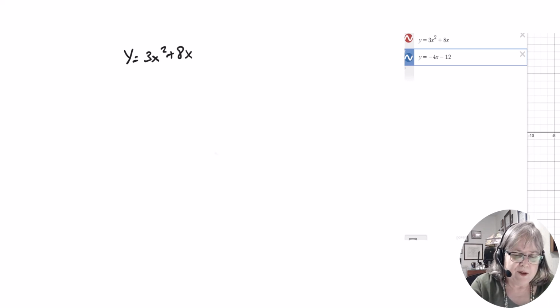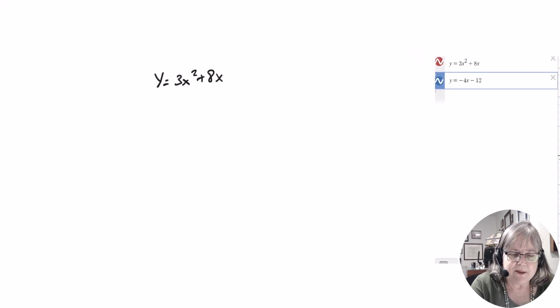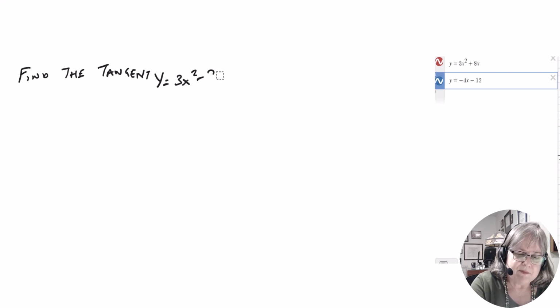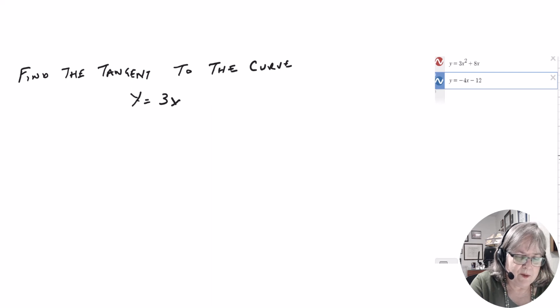And what I want to do is a commonly asked type of question. If it says find the tangent to the curve y is equal to 3x squared plus 8x at x is minus 2.